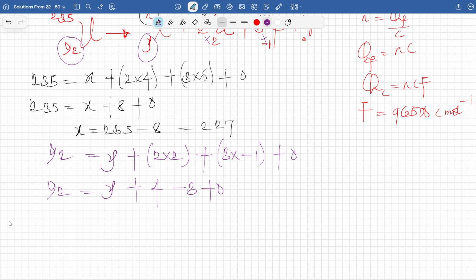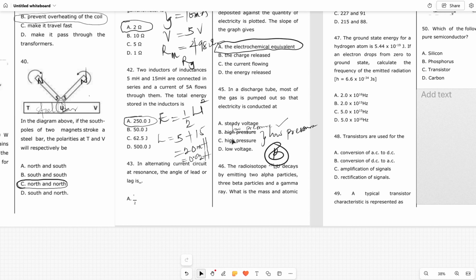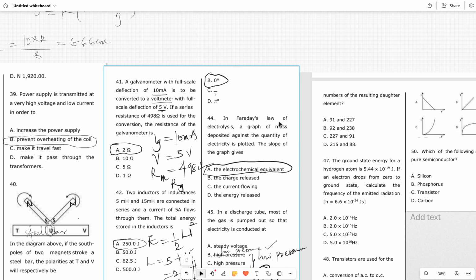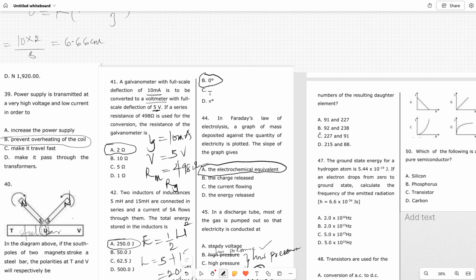So this eventually gives you that y is equal to 92 minus 1, which is equal to 91. So your x comma y, x is 227, y is 91. So 227, 91. So you have this quickly.